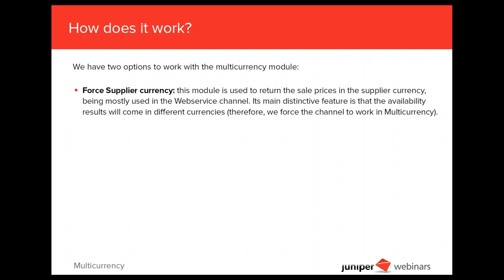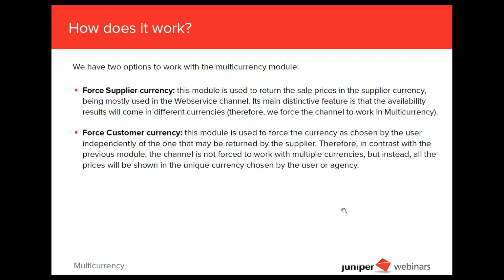This module is used to return the sale prices in the supplier currency, being mostly used in the web service channel. Its main distinctive feature is that the availability results will come in different currencies. Therefore, it's like we force the channel to work in multicurrency.